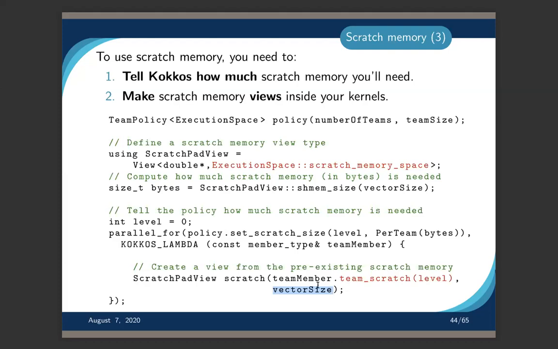So what this does differently than the unmanaged view constructor is it takes the current state of where the scratch pointer is, and then it resolves the alignment issues. And that's why you potentially need a few more bytes, so that there is space to resolve the alignment issues. And that's what this shmem size function takes into account.